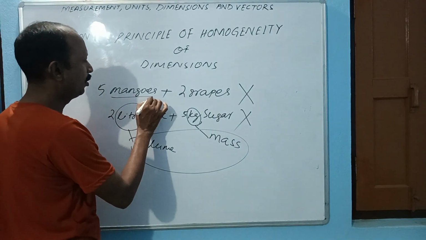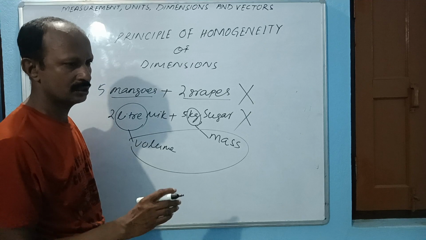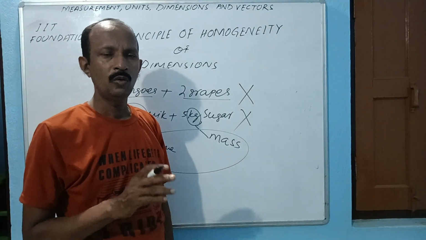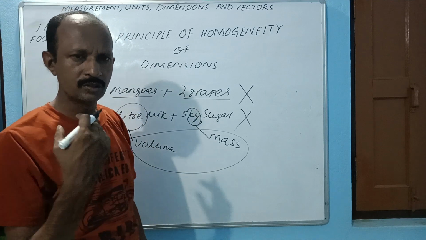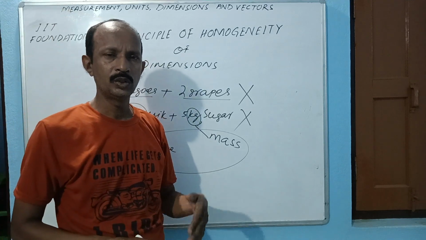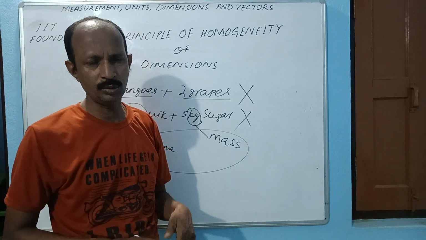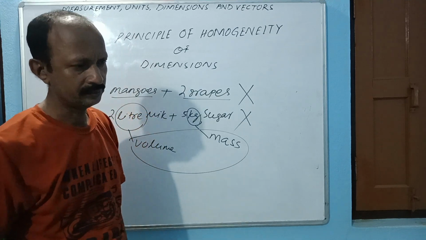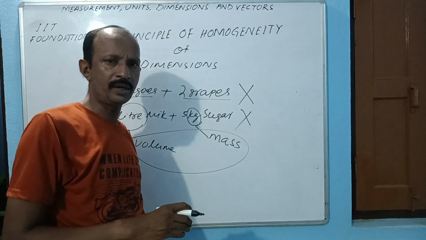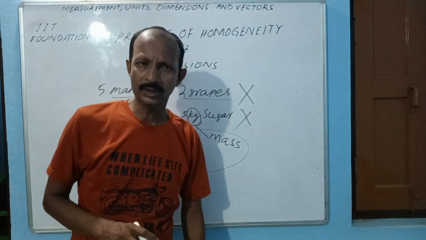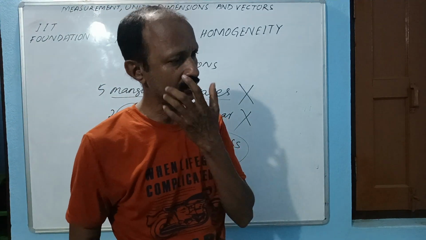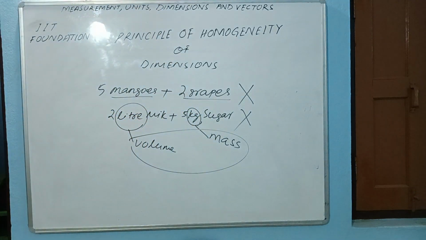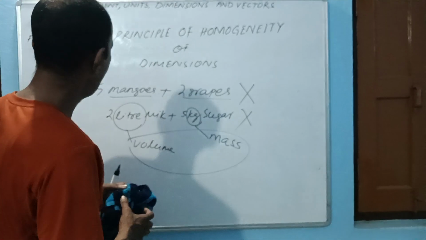Here mangoes and grapes are not similar things. So we can add those physical quantities that are of similar types, the same kinds. That means the physical quantities that have similar dimensions or dimensional formula, we can add, subtract or equate.